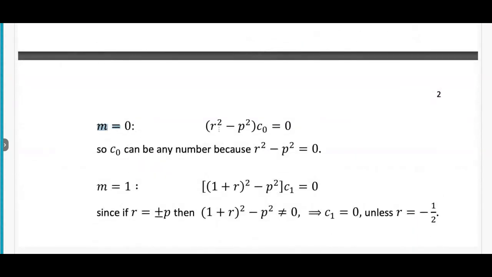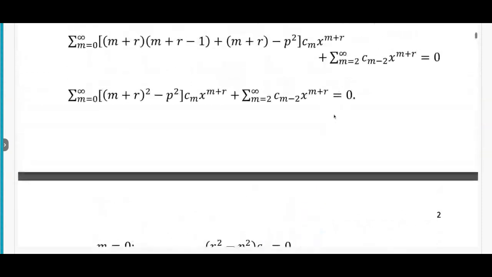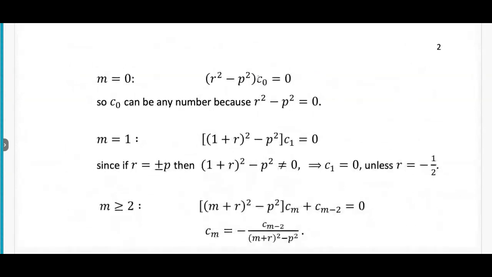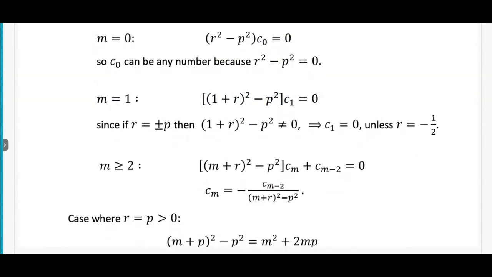If m is 0, we plug in and get r squared minus p squared times C naught equals 0. Since r squared minus p squared equals 0 for the two solutions r equals plus or minus p, that means C naught can be any number. For m equals 1, we plug back in, simplify, and in the end, if r equals negative one half we get some C1, otherwise C1 is 0.